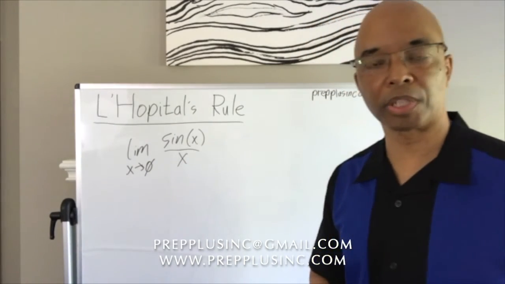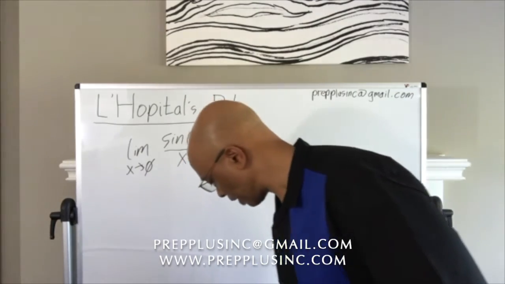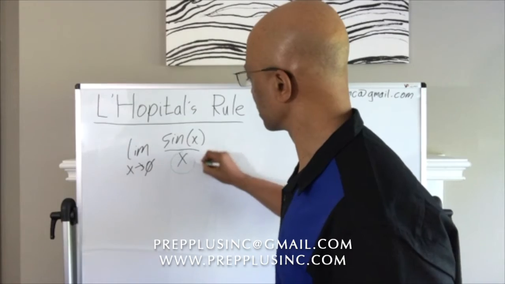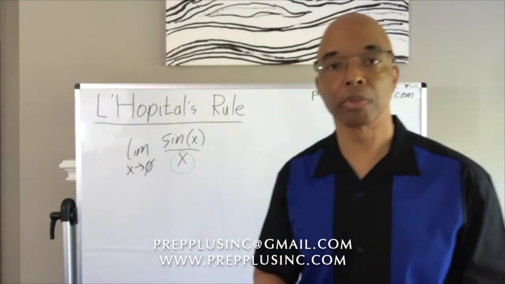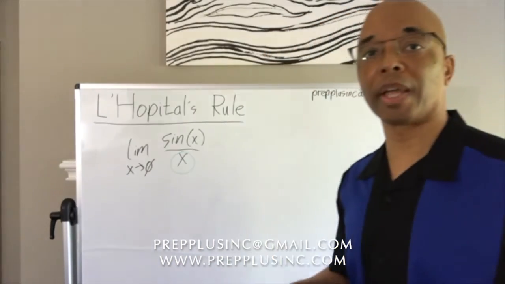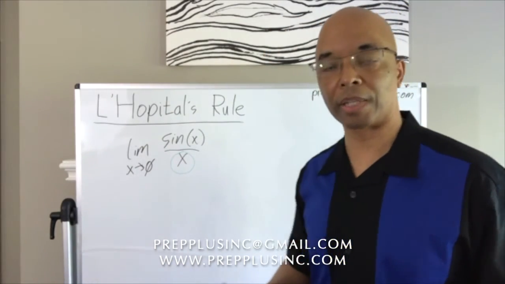And so again, we see what the challenge is. The denominator goes to 0 as x goes to 0. And so the denominator is 0, and this ratio is undefined.